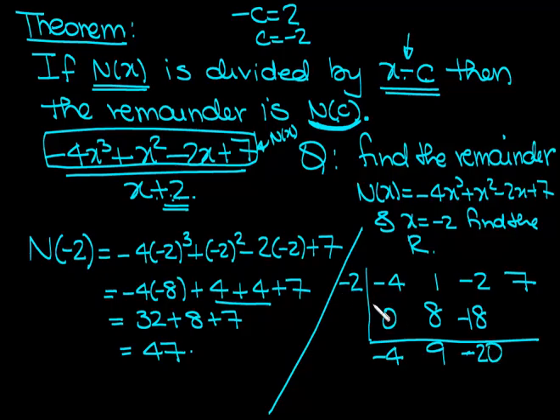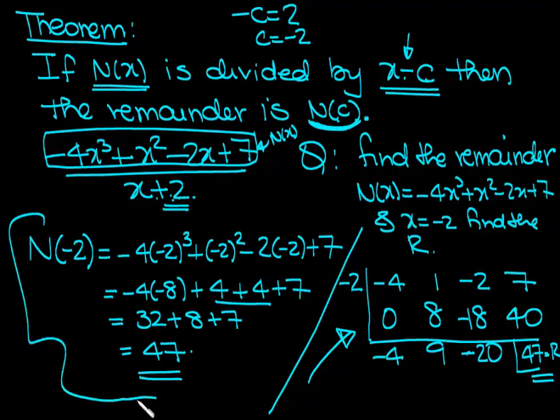Okay. Negative 2 times negative 20 is 40. So we get 47, which is my remainder, which is what I had. I prefer doing synthetic division. If they ask me to find the remainder, I just do synthetic division. It's easier, okay, than trying to do this stuff. But you do have another way to find the remainder.